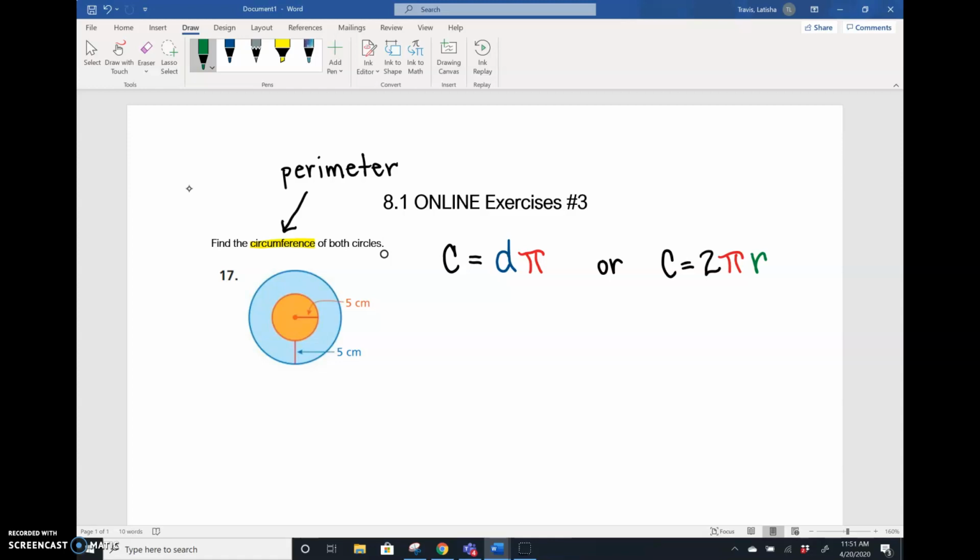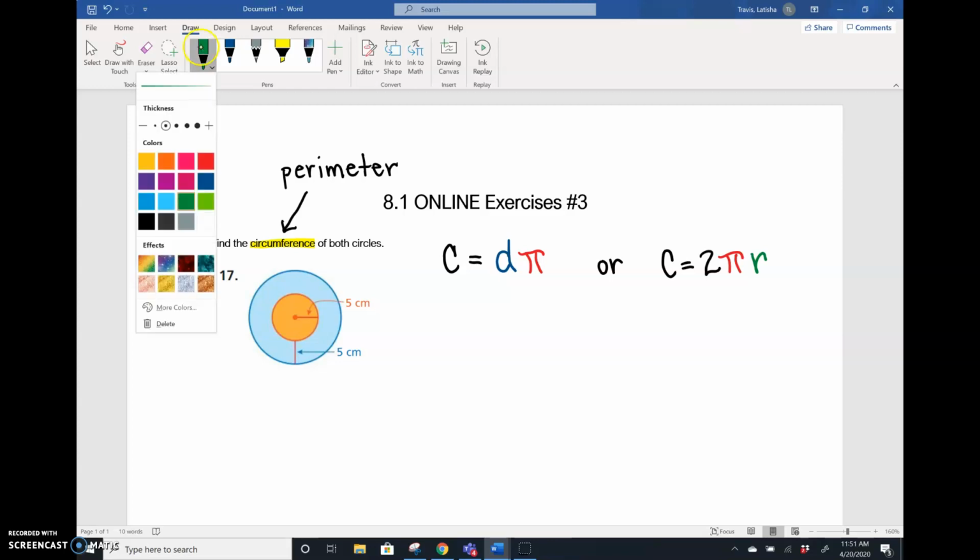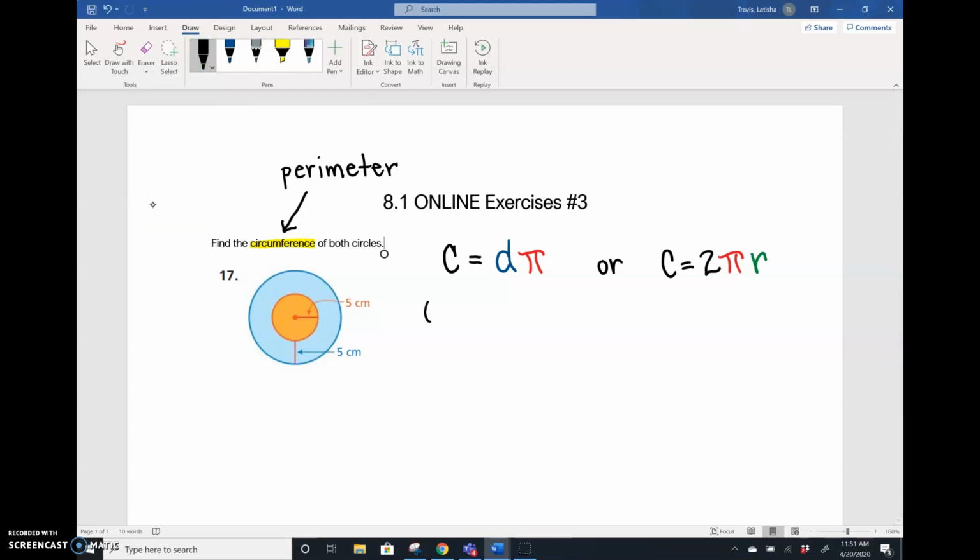But I'm just going to illustrate the two different formulas and use the dimension they give us in the problem, okay? So in this problem, let's go ahead and look at the orange circle first. I'll write orange here for the orange circle.